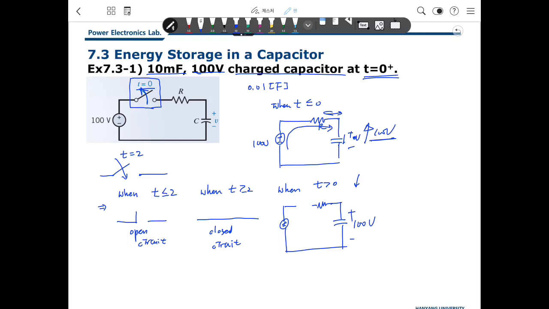So we can guess that when the switch is open, there is no current flowing through this resistor, so the voltage of the capacitor will be fixed at 100 volts. So the energy in this state is 1/2 times C, which is 0.01, times 100 squared. That is 50 joule.